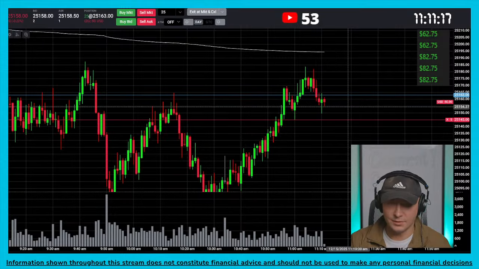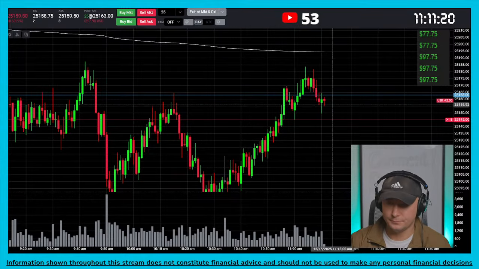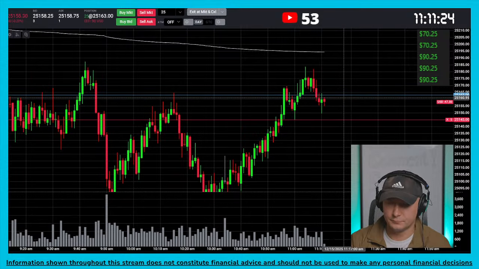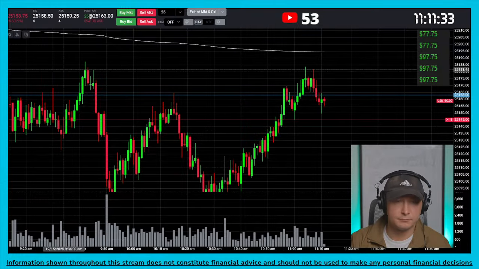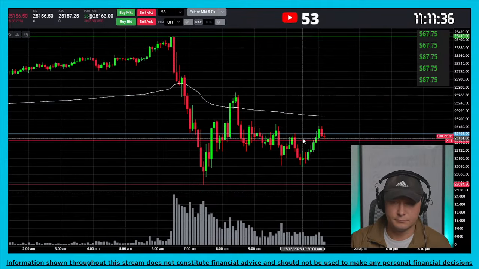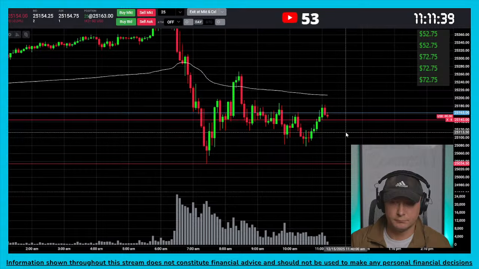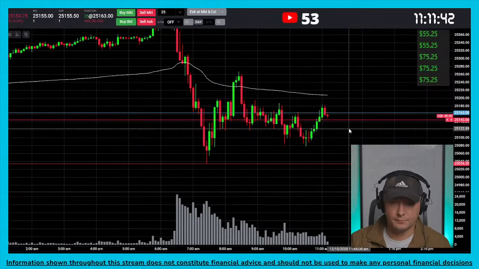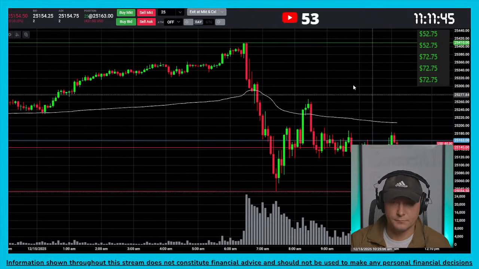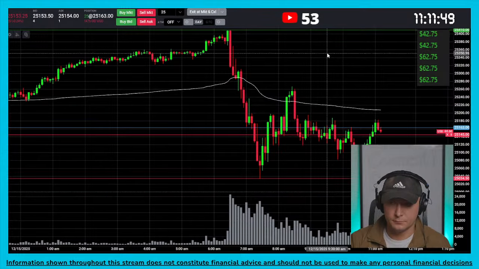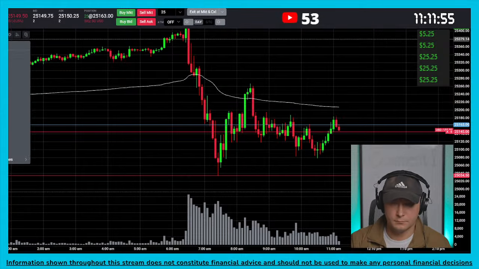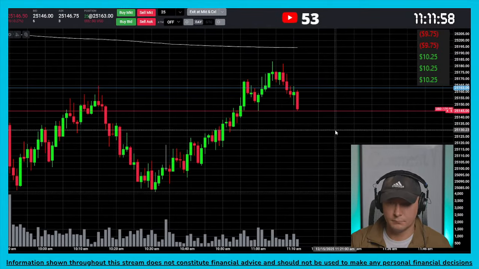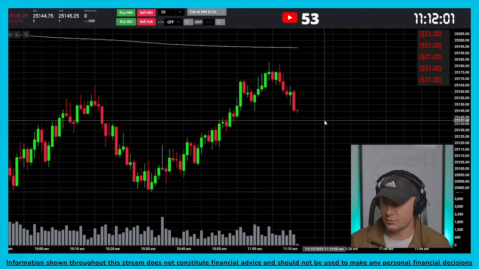Potential bear flag forming here, let's see. Okay, stop filled. Got swept.